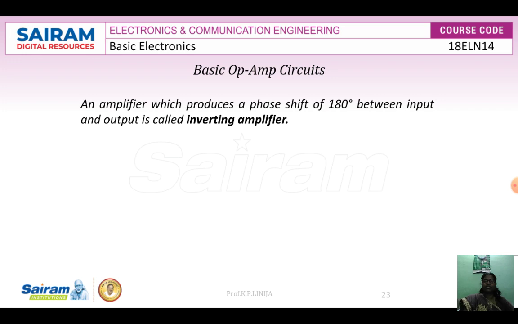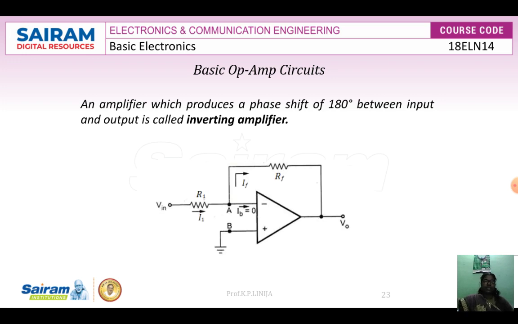Coming to this circuit, all of you see here, we are going to calculate I1. I1 is equal to Vin minus VA divided by R1. And from the circuit we can write IF is equal to VA minus V0 by RF.